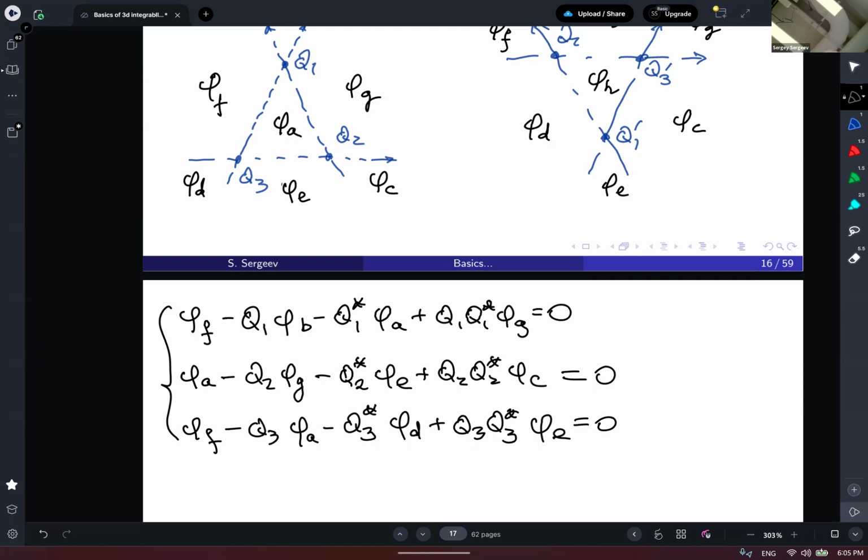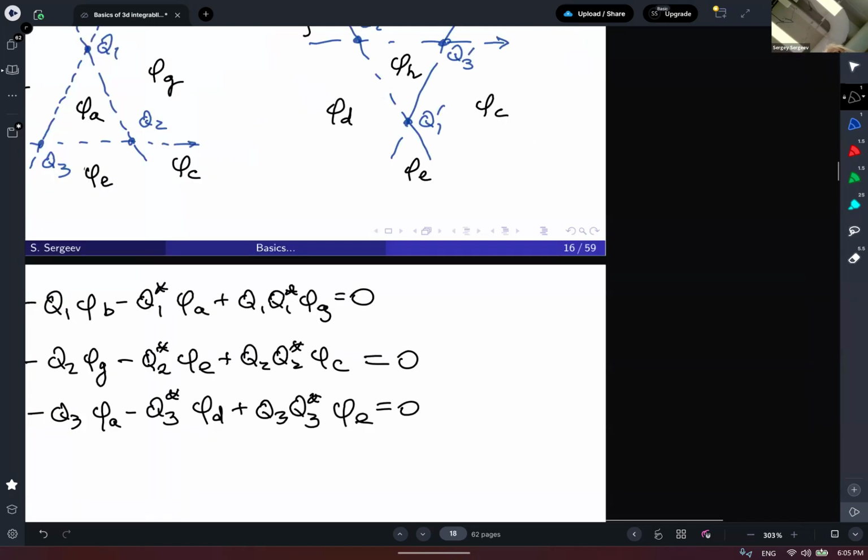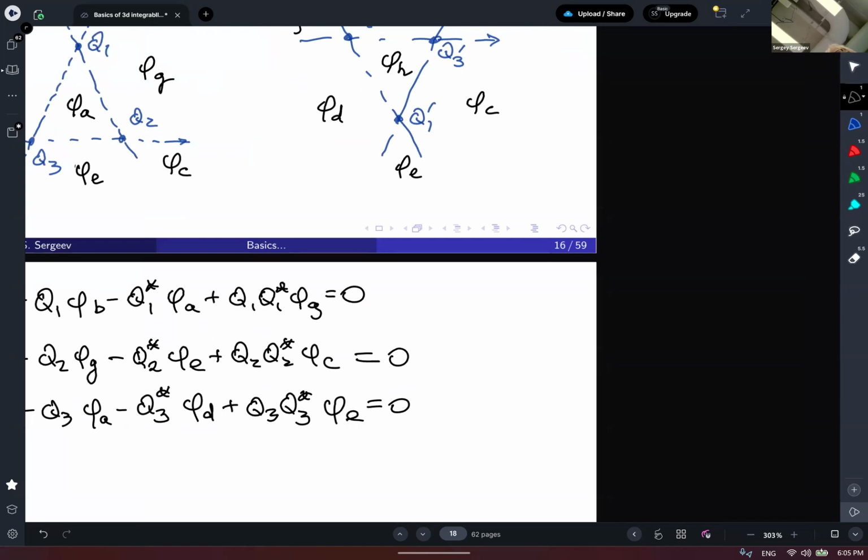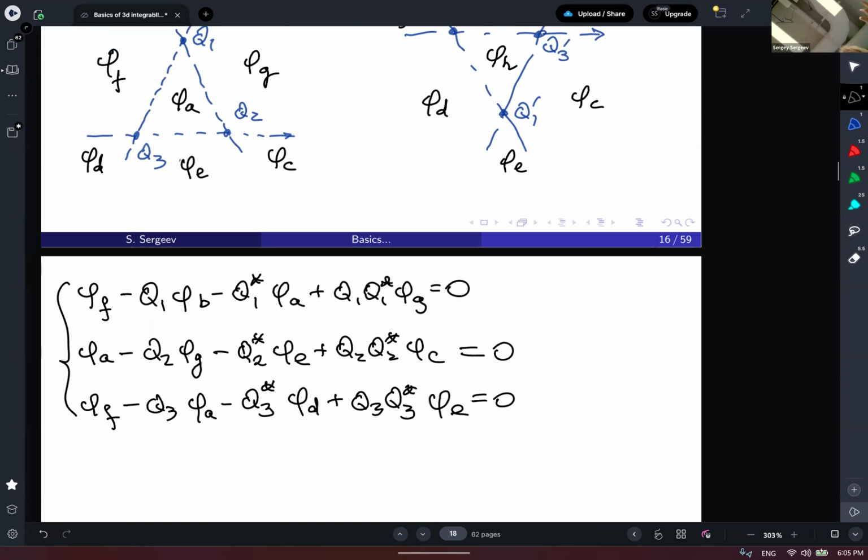Similarly, write down a similar set for the right-hand side, but with Q1 prime, Q2 prime, Q3 prime. And then just look at what their consistency condition is. Zero curvature is always the consistency condition. Well, right. You can do it by hand or you can do it using Maple, Mathematica, whatever you prefer.